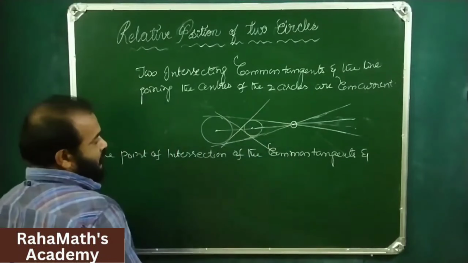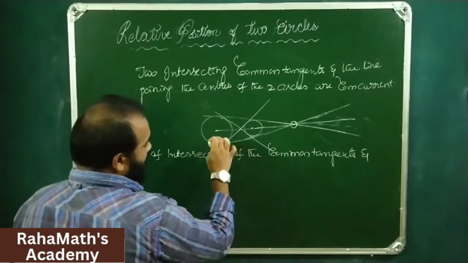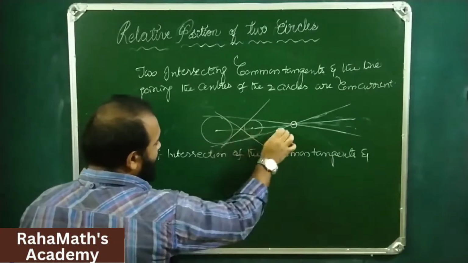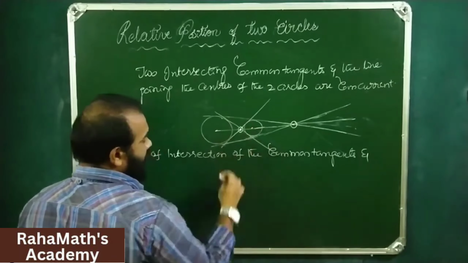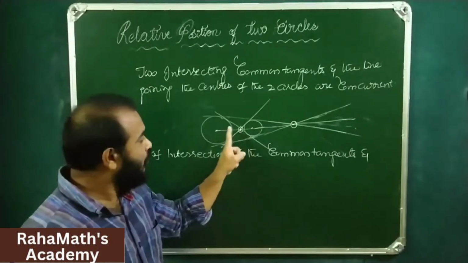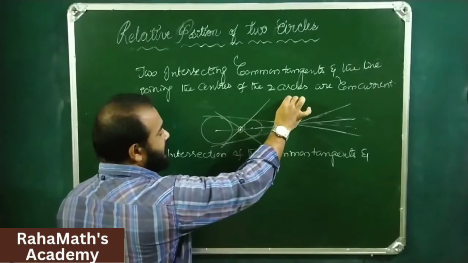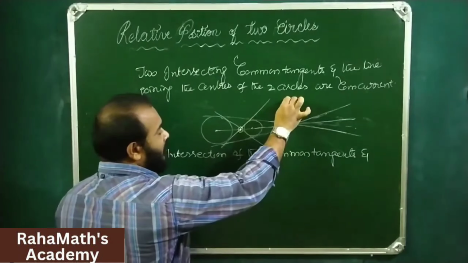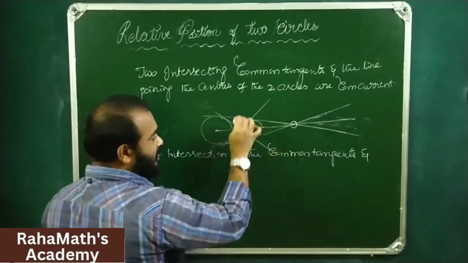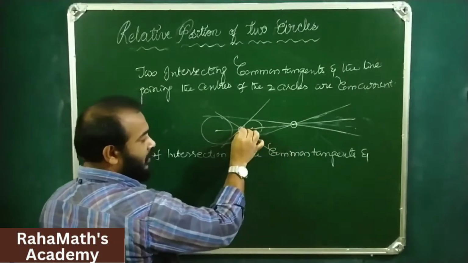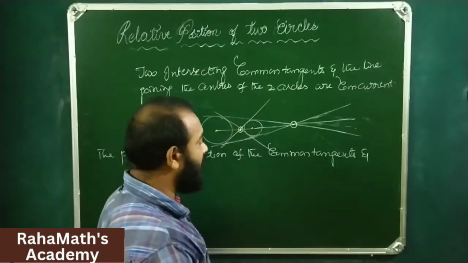The point of intersection of the transverse common tangents and the line joining the centers, all are passing through this point. Therefore, the two intersecting transverse common tangents and the line joining the centers are also concurrent lines.